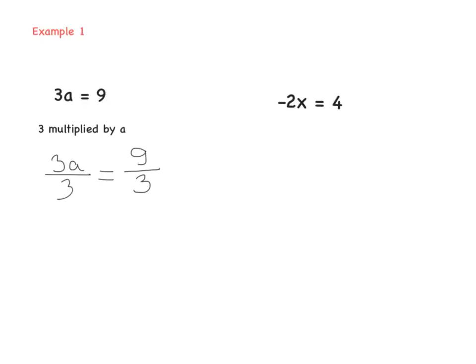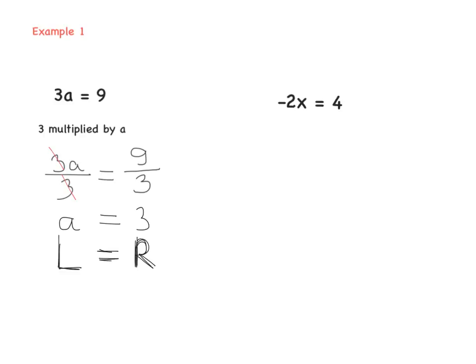Keep it in balance. Whatever you do on one side, the same you need to do to the other side. And now we have 3 divided by 3, which is just a, and 9 divided by 3 is 3. So we have a on the left side equals 3 on the right side.